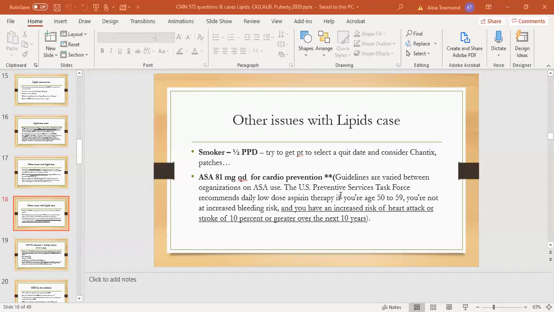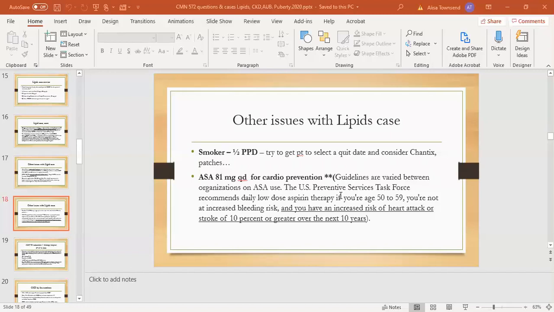Aspirin, there's a whole big controversy about aspirin. But according to the U.S. Preventive Services Task Force, this person should be on aspirin. So we can go with that. We do know that anybody with a heart attack or stroke definitely needs to be on an aspirin.